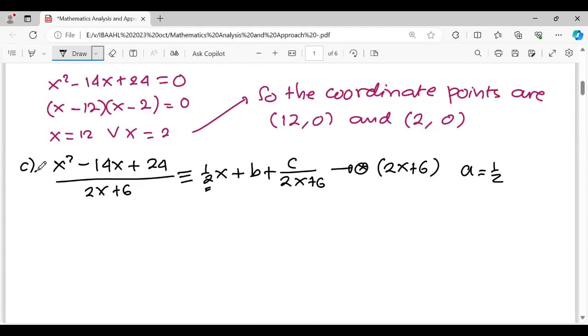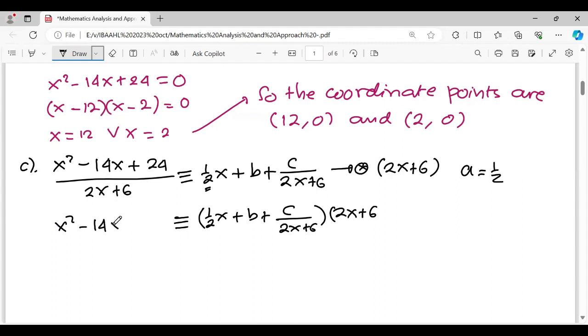So it's going to be the equivalent half x plus b plus c over 2x plus 6 times 2x plus 6, and it becomes x squared minus 14x plus 24.